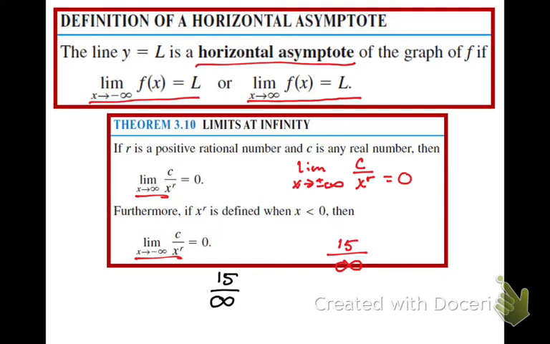Is my numerator changing? No. My numerator is not changing, but what's happening to my denominator? It's getting really big, right? So if I take a relatively small number in the grand scheme of infinity and I divide it by a huge number, what is it essentially? 0.